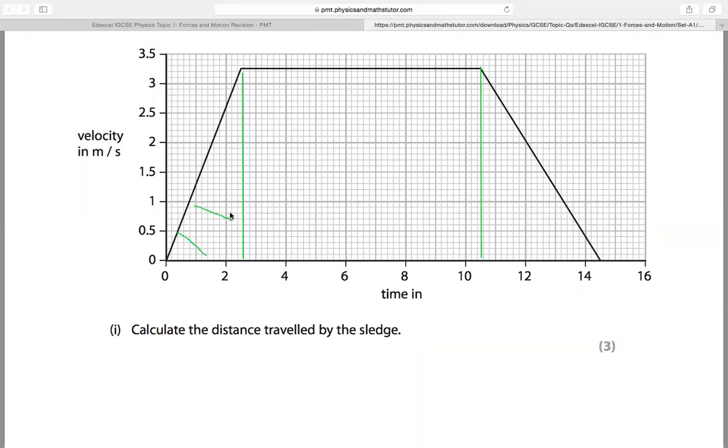Find this area first, and then you find this area, then you find this area. The area is again like maths. You use the area of a triangle, area of a square or four-sided shape, and then area of a triangle again.